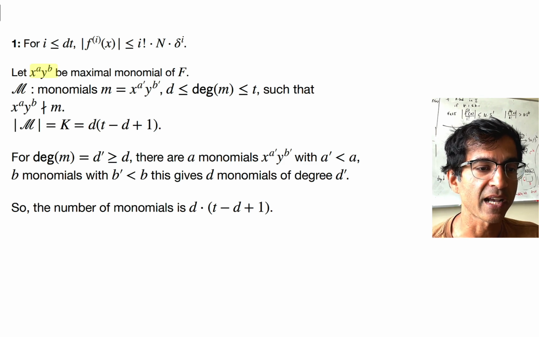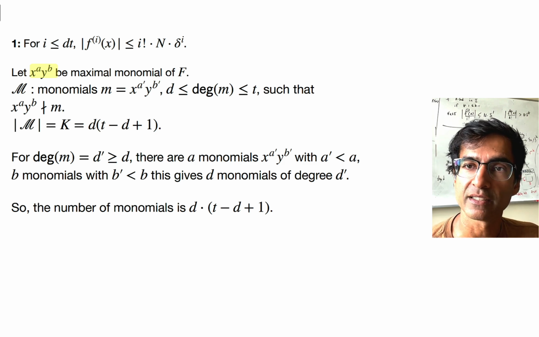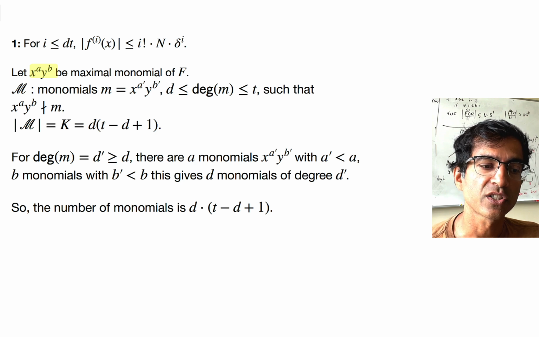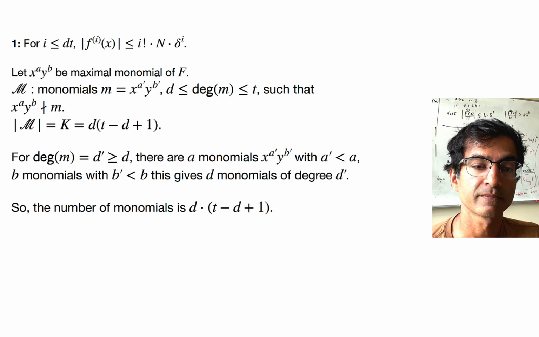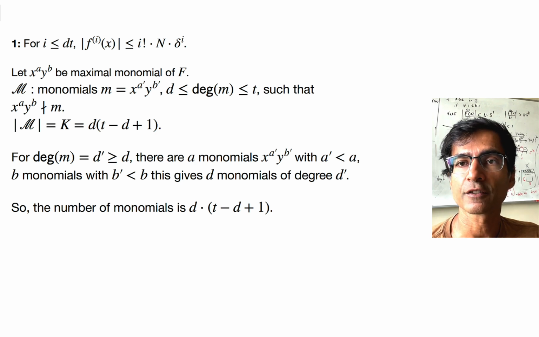We just have the maximum monomial of F, and pick the set of monomials M to be those monomials of degree, just like before, which are not divisible by the maximum monomial. The size of the set of monomials is exactly the same as before.